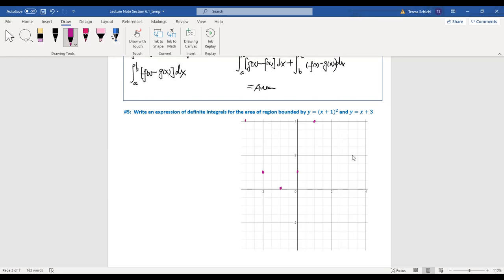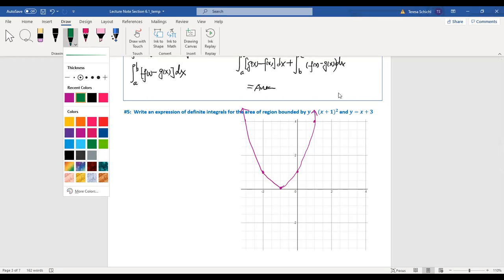Okay, so I hope I can do a good job and draw this parabola beautifully. Very difficult, not bad, not bad. Okay, so this is my y axis. So this parabola is y equal to (x plus 1) squared. And now I need to find another curve, y equal to x plus 3.